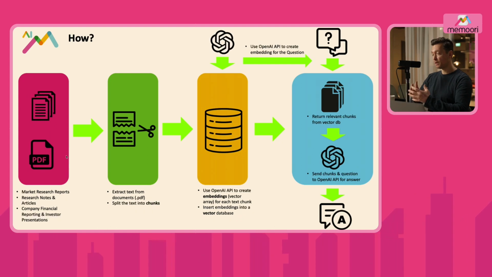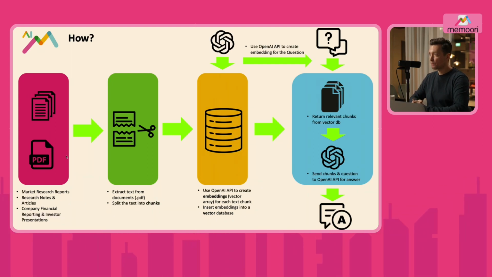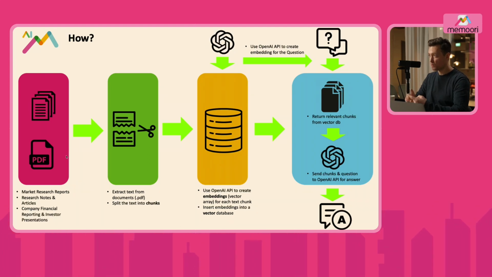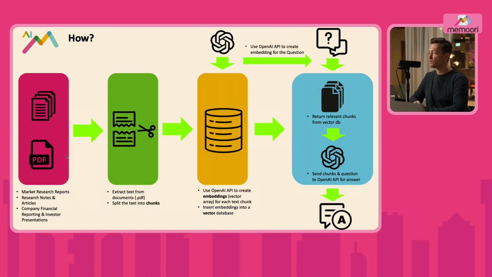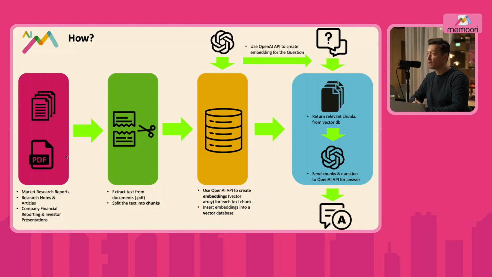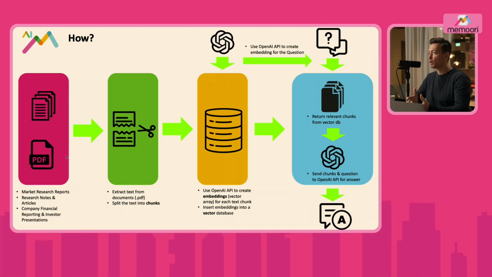Then we package up that information and send it to a large language model. So we package up the question, the text chunks that we've taken from our own database, and also some pre-prompt information. And I think anyone who's used something like ChatGPT will understand that you can give it some context.